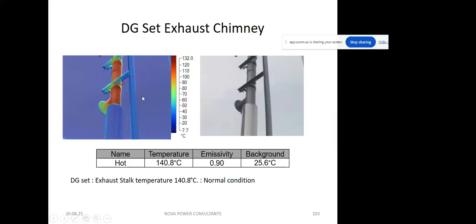Also, the exhaust can be measured at the chimney end. Whatever the hot temperature is at this point, we can see it is 140 degrees. So we see that we have a potential to utilize this energy. How much is the potential can be easily monitored and measured instead of any calculations or logbook calculations.